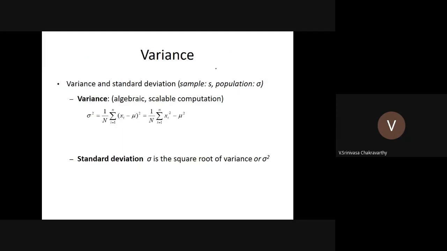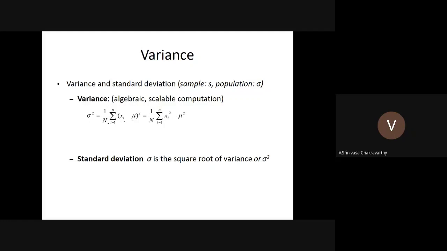A similar notion: in the context of the box plot, we talked about the IQR, the interquartile range, which gives you an idea of the spread of the data around the median. Another notion of that kind is the variance, which is given by the sum of (xi minus mu) squared, multiplied by 1 by n, where xi is the sample value and mu is the mean. This is called the variance.